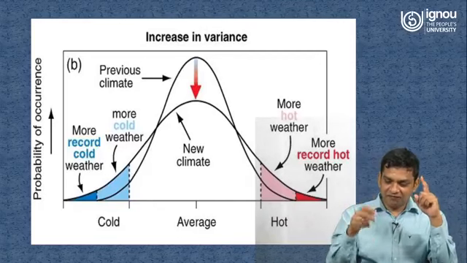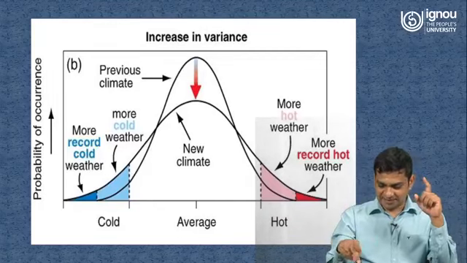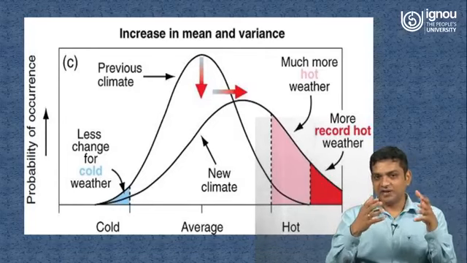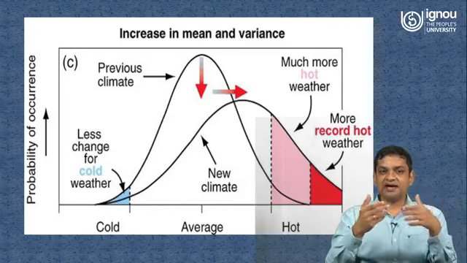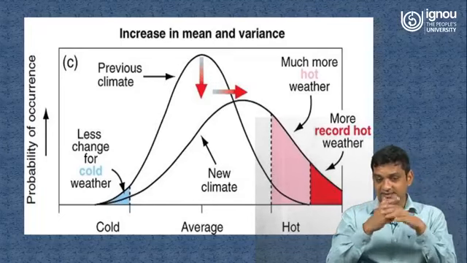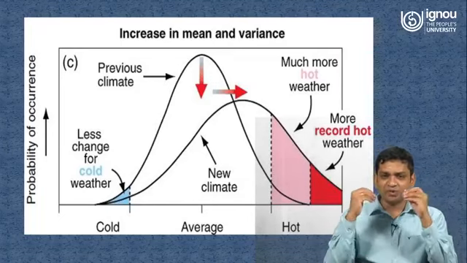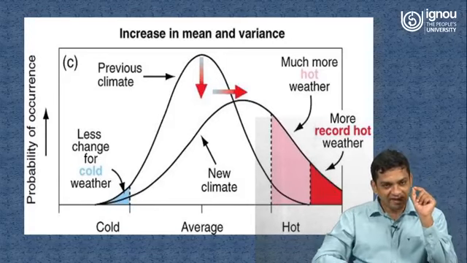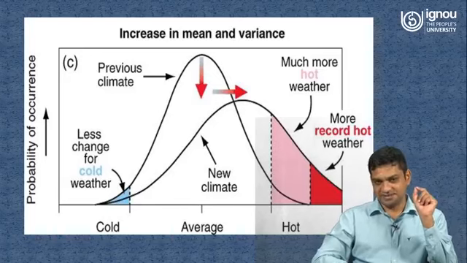So now, if both are occurring simultaneously, what will happen? There is an increase in the mean value, and along with that, the variance is also increasing. So this is what is happening now. Climate is changing and variability is also increasing. In this case, what will happen? You will be finding more extreme events. That is also an indicator of what? Climate change.